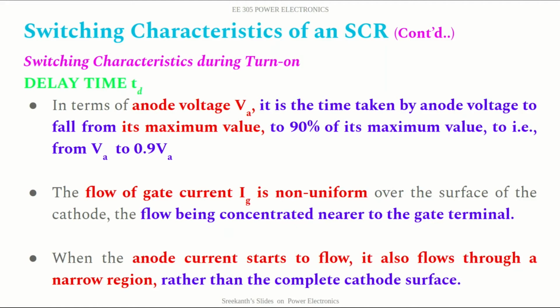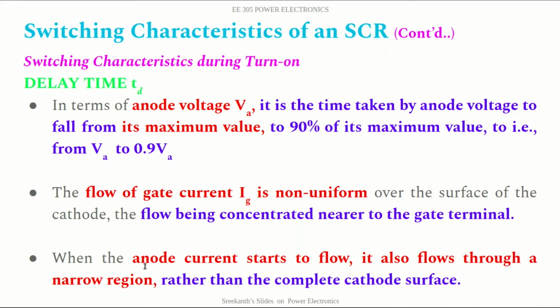The flow of gate current Ig is non-uniform over the surface of the cathode, the flow being concentrated nearer to the gate terminal. It was seen that whenever the gate current is flowing, it is not completely spread across the cathode, but it is concentrated nearer to the gate terminal.